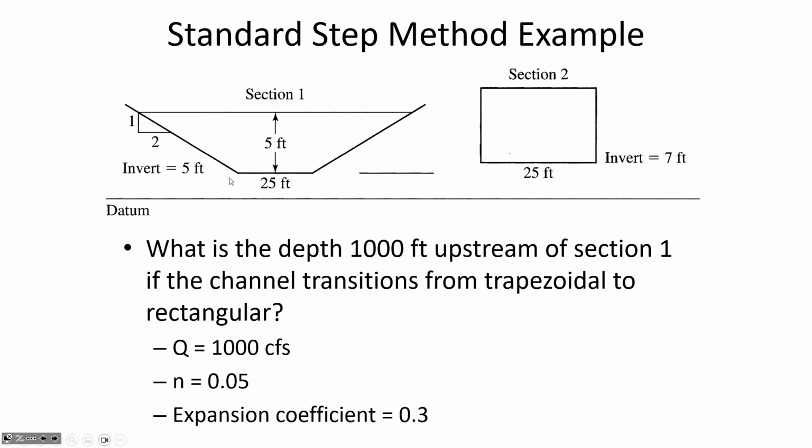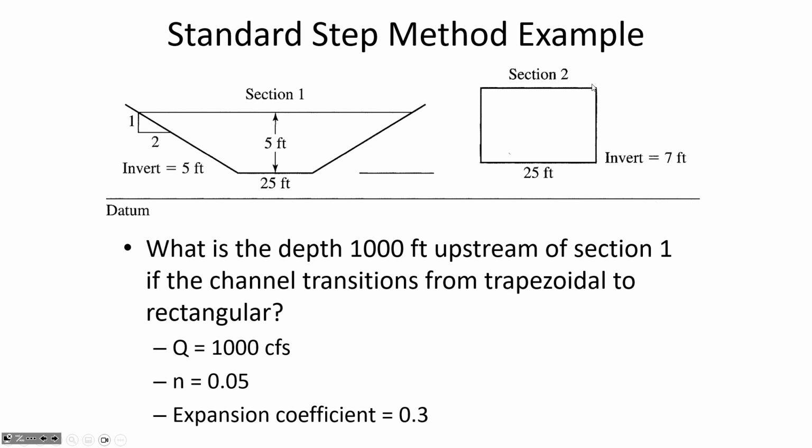So it's pretty wide. But what's happening is that over the course of 1,000 feet, these side slopes are becoming vertical. At the downstream section it was trapezoidal, but the side slopes are getting steeper and steeper, and by the time we get to section 2, those side slopes are all the way vertical.